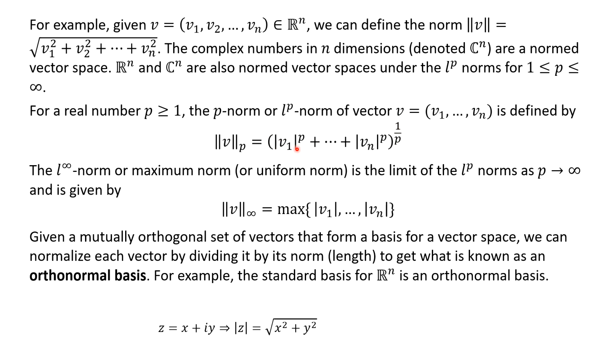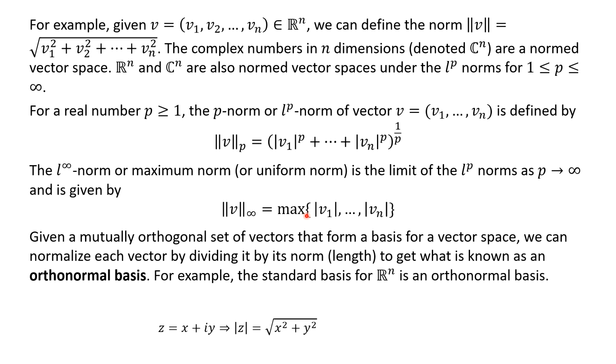So these are the absolute value if you're talking about Rn, and if you're talking about Cn, then these would be the modulus of each component to the p power. Then there's also the L infinity norm, which is just the max of each absolute value for Rn, or the max of each modulus if you're talking about complex numbers.